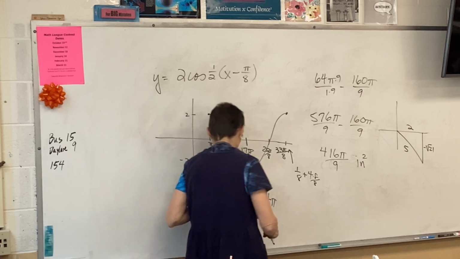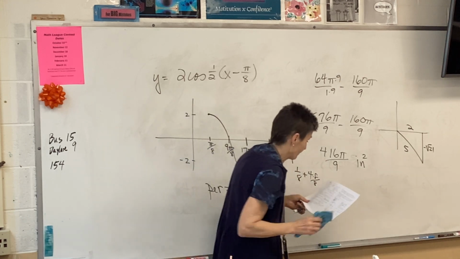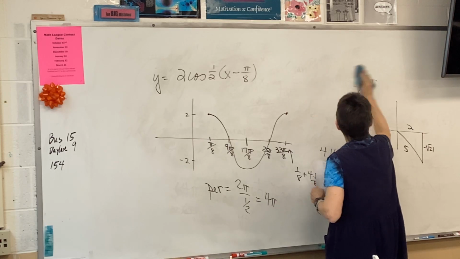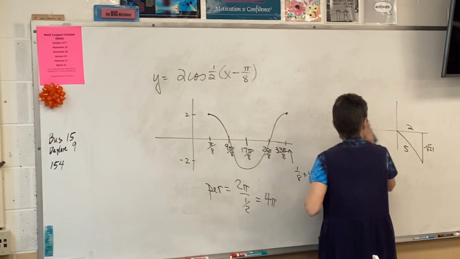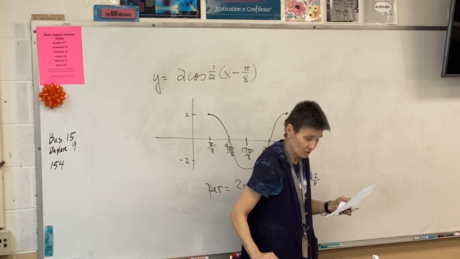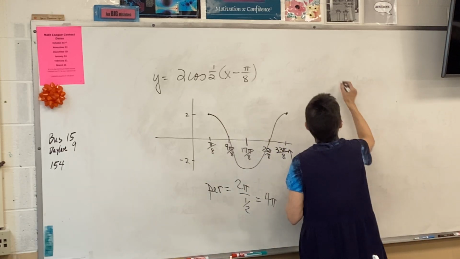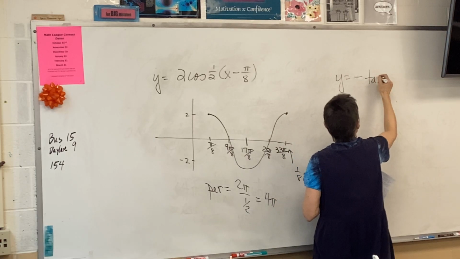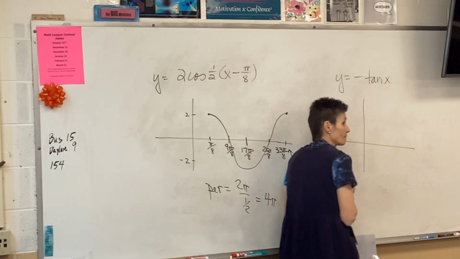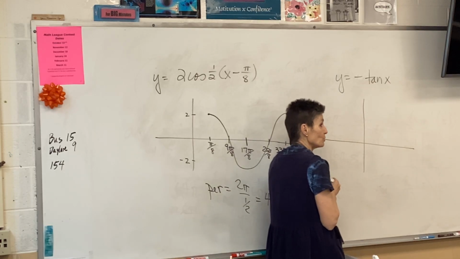Repeat for a tangent. Tangents look different. So what do I know about this tangent? It's negative. It has no shift.